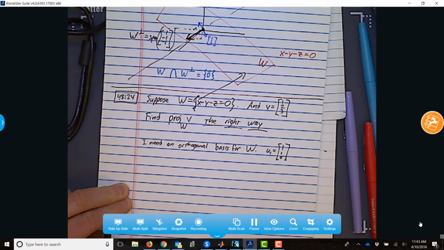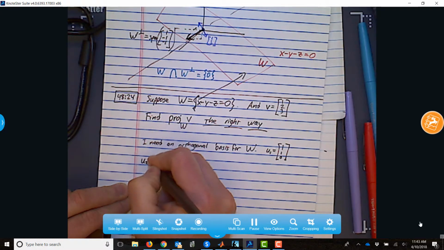I know I shouldn't take U2 equal to 0, 0, 1, right? Does anyone have something I can use for U2?